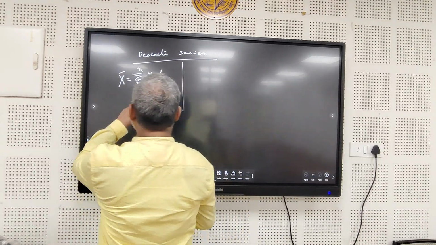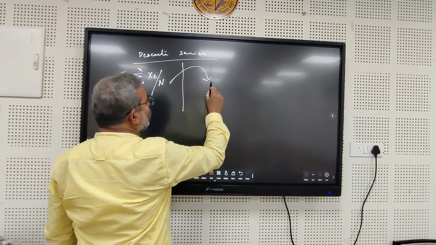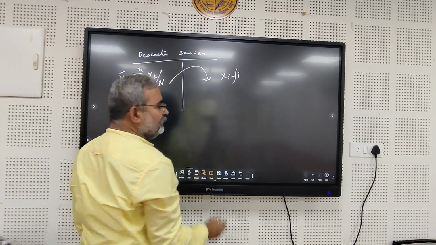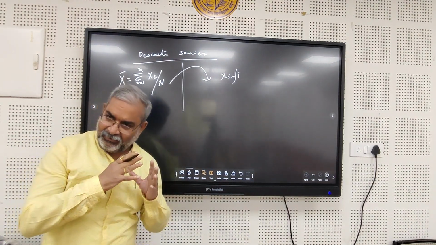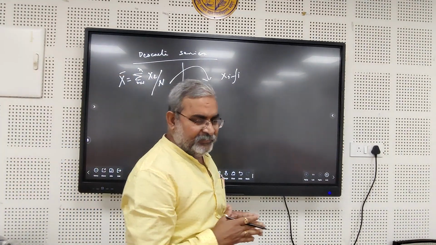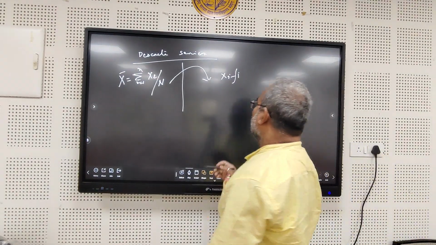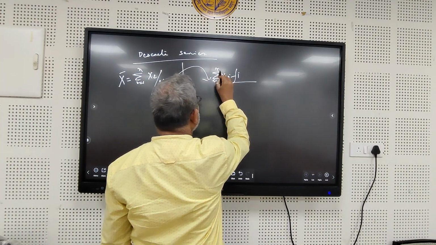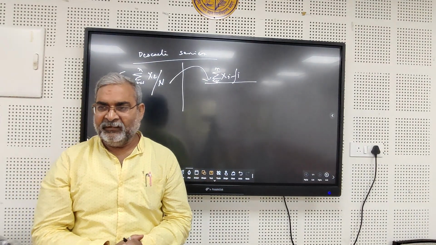Now that means xi is converted into xi fi, meaning each variable is multiplied by the respective frequency. Then the summation from i equals 1 to n, and that is divided by N, not N minus 1.